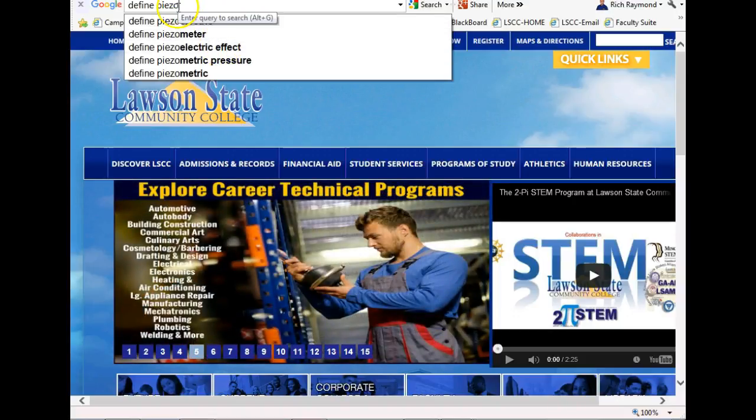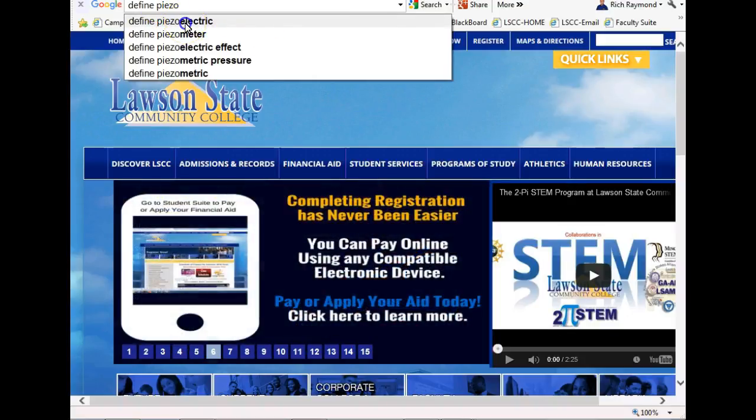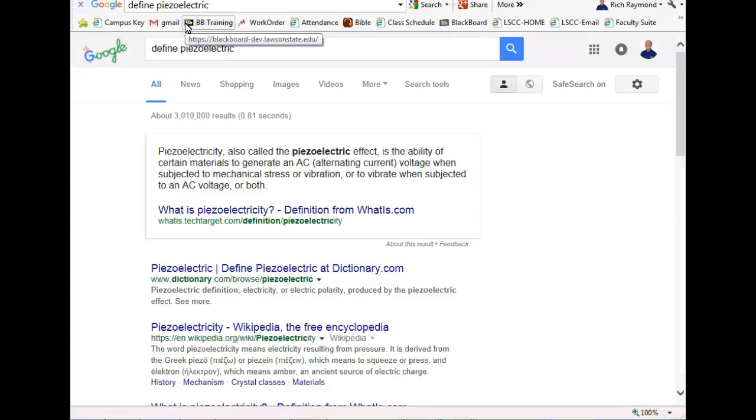That's piezoelectric. I don't see just piezo. Let's see what this says. The ability of certain material to generate a, this is piezoelectric. Y'all know where y'all run into it.